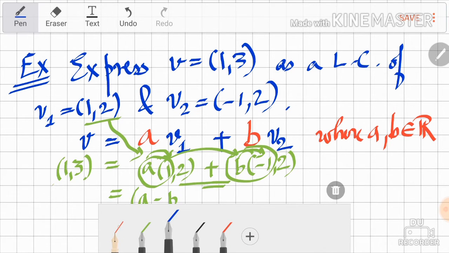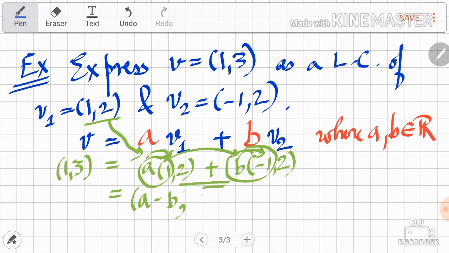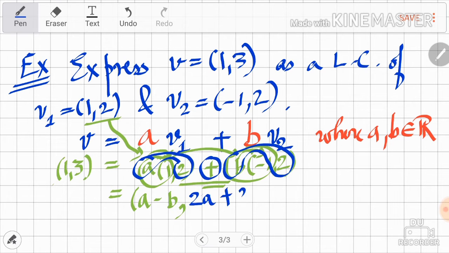And in the other case, the second component would be a into 2, which will be 2a, plus 2 into b, which will be 2a plus 2b. So comparing this with this, we have a minus b is equal to 1 and 2a plus 2b is equal to 3.